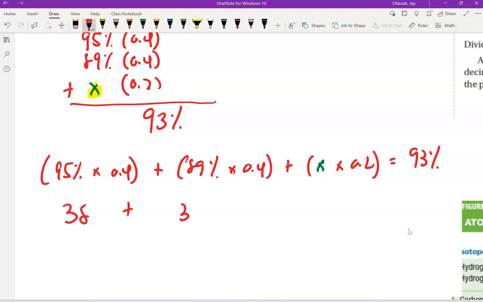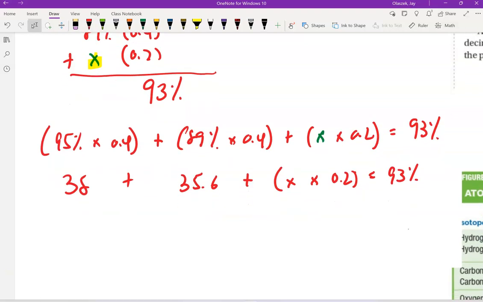This is 35.6 plus whatever x is times 0.2 equals 93. Well, let's solve for x by subtracting from both sides, 38 and 35.6.